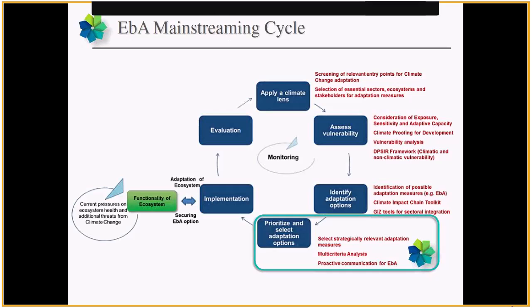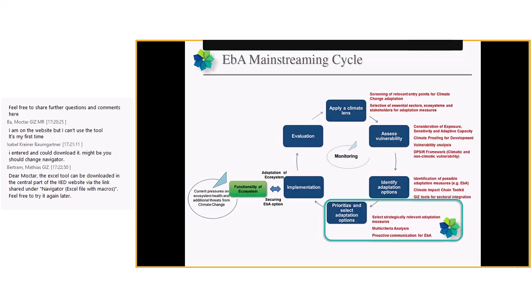This is in order to mainstream it across multiple sectors, or different scales of the territory where we would like to use this EBA approach. Mainly the cycle starts at the top, and it suggests that users apply a climate lens.